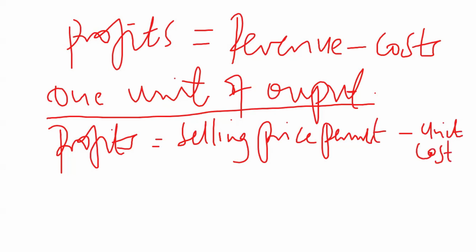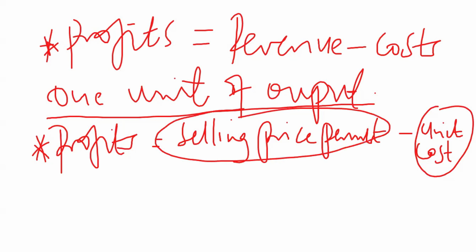In other words, how much do we incur to produce 1 unit? It is the same principle. These are the things that we know from our general knowledge. We don't need any accounting information to understand this. If we are dealing with 1 unit of output, let's say 1 bag of sugar, we know we've put in this cost and the selling price for sugar is this. So how much have we made as a profit? Get the selling price minus the unit cost. We know that.